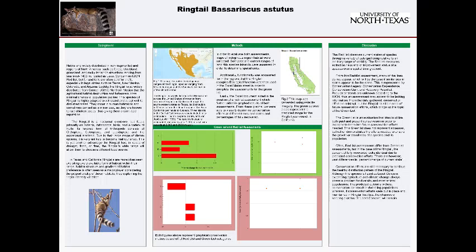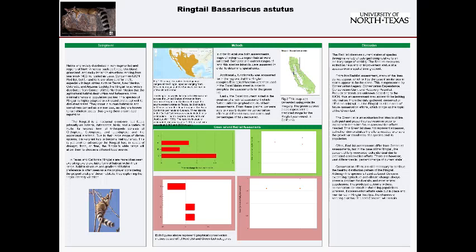So this being said, conservation efforts are still very necessary in order to preserve this healthy distribution pattern seen in populations of the ringtail. It's listed as least concern, but expanding agriculture and climate change are always potential problems that could wipe out populations.